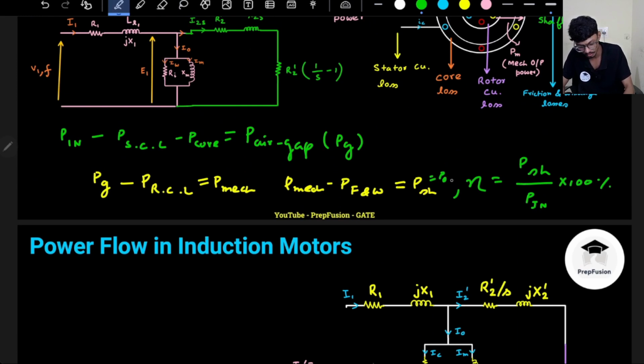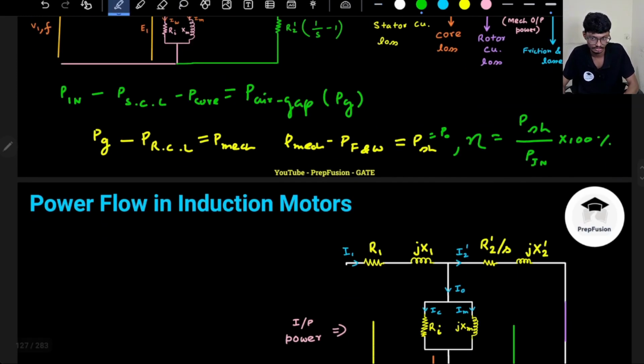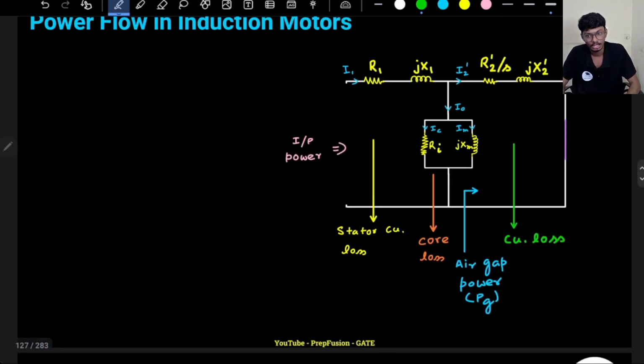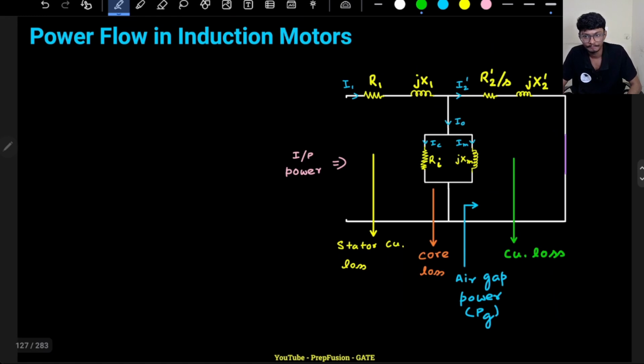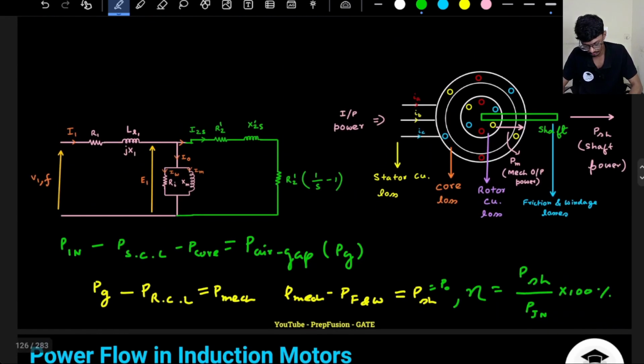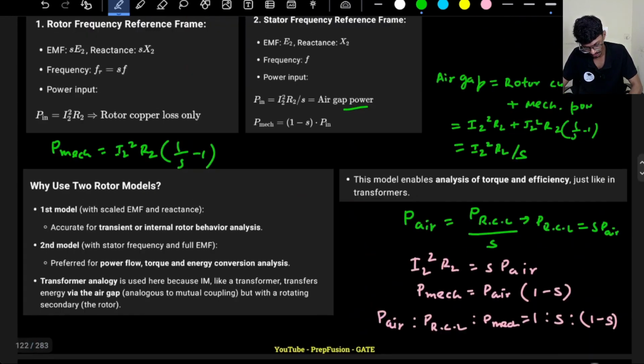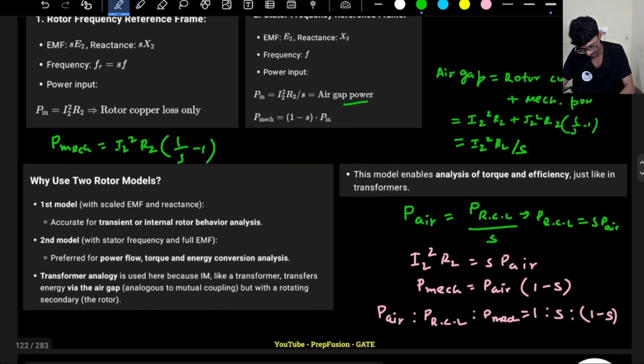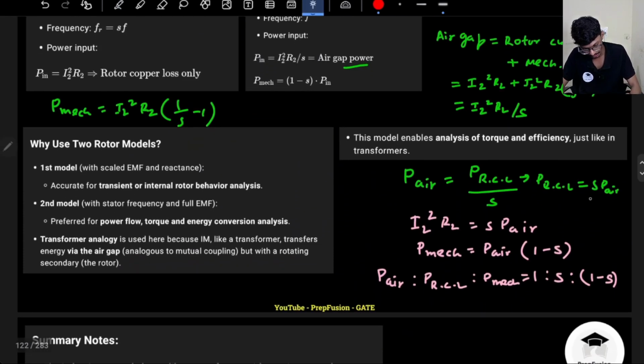Now let's discuss a few things which we discussed in the previous lecture, about the air gap power. What is the air gap power? We derived it in the previous lecture, and I will directly take it from there. It was this: air gap power, rotor copper loss, and the mechanical power.